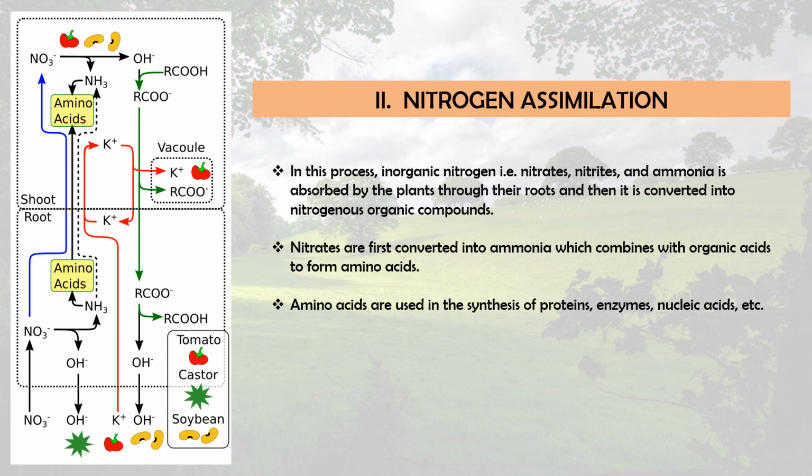So the protein is eventually broken down into nitrogenous waste, and these wastes go back to the soil and to the atmosphere eventually. So in this process, the nitrogenous compounds are absorbed or used up by the plants or animals. This is called nitrogen assimilation.